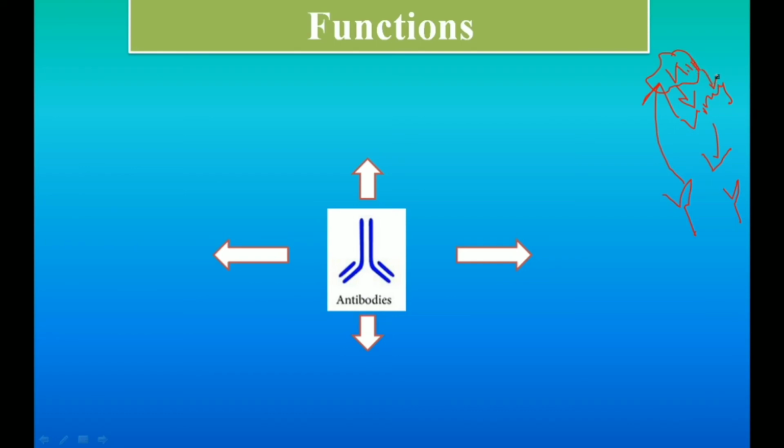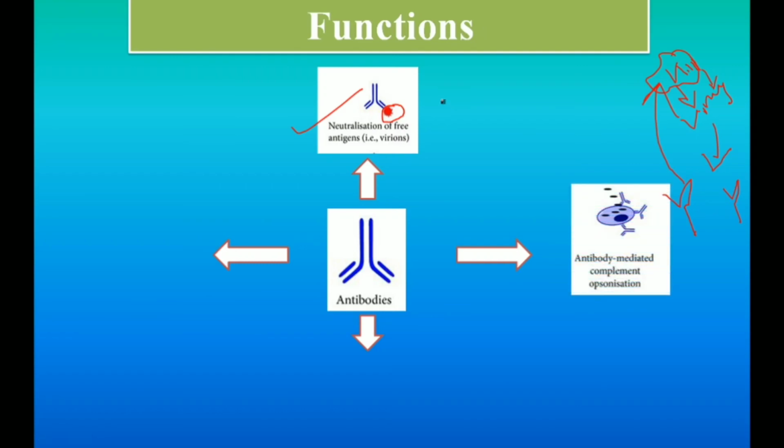So one such main function of the antibodies is to neutralize the antigen. That is, if there is any pathogen inside the body, the antibody will form a complex by binding with the antigen, and they will try to neutralize the antigen by masking it. There is some other function as well, like opsonization.